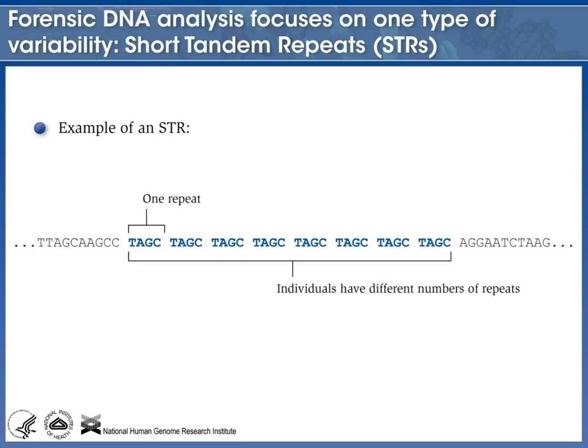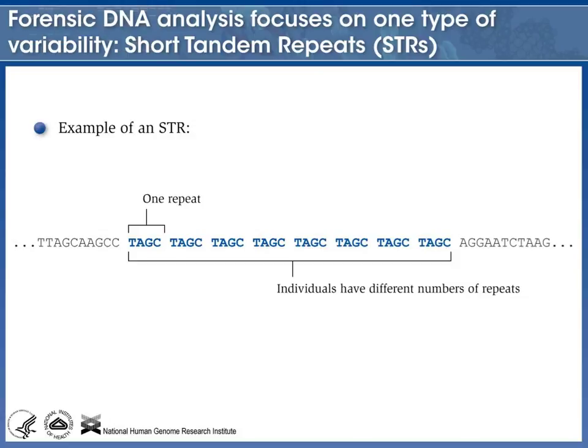Doesn't really matter, we just want to be able to identify the individual. And so, in this region, there's 1, 2, 3, 4, 5, 6, 7, 8. There are 8 repeats of the TAGC repeat. Okay? Someone else might have 4 repeats in this region, so they'll go TAGC, TAGC, TAGC, TAGC. Another person might have 7. Another person might have 8, like the first person.